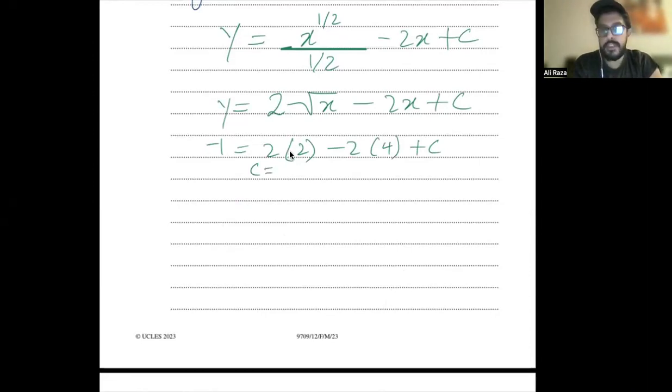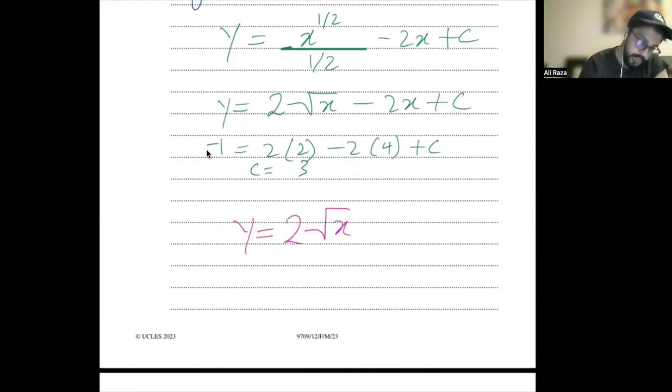C comes out to be 3. So the equation of the curve is 2 root x minus 2x plus 3.